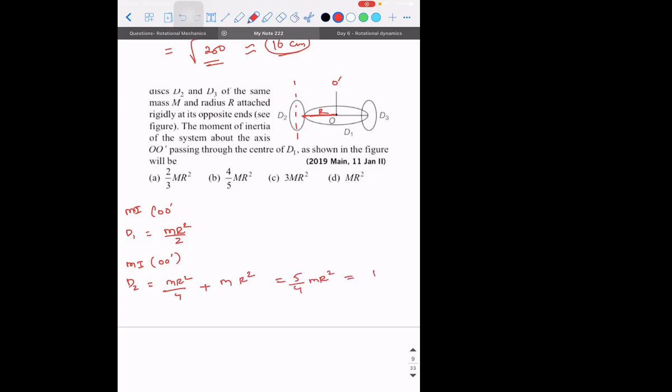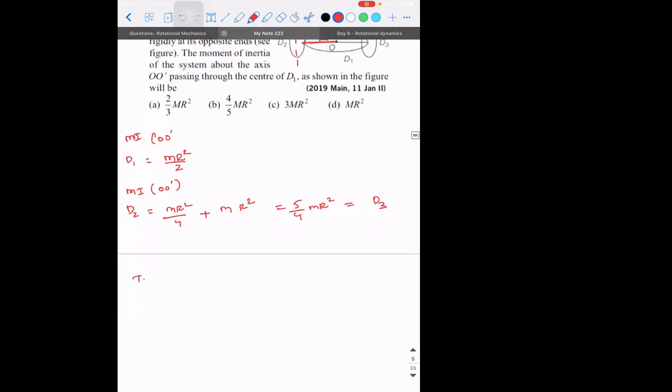Same is the case for D3 also, because it's a similar disk, exactly on the opposite end. So what will be the total moment of inertia? MR square by 2. Moment of inertia is a scalar quantity, just add them. 2 times 5 by 4 MR square. So this and this will get cancelled. 6 MR square divided by 2. Answer will be 3 MR square.